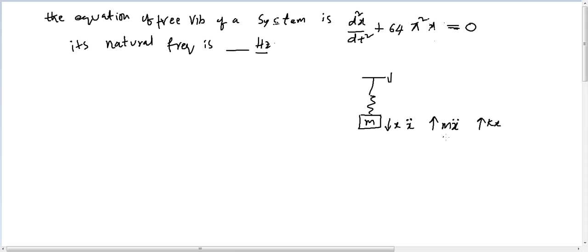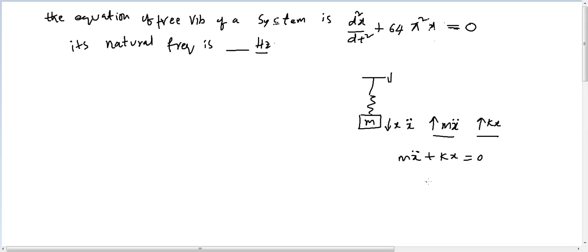These two forces act in the upward direction. For equilibrium, the sum of these two forces must be equal to 0. So the equation will become m x double dot plus k into x is equal to 0.